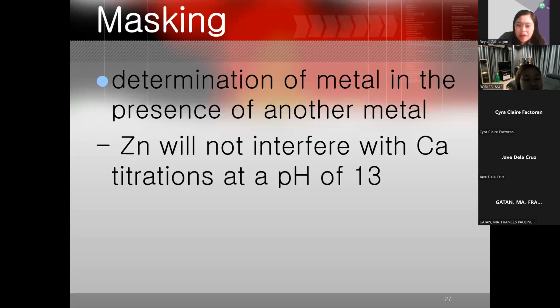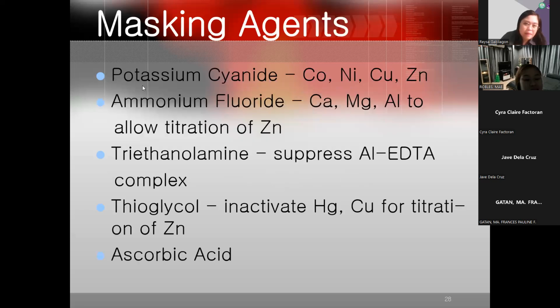But if the pH is not adjusted to 13, then zinc might interfere with calcium titration, leading to variations in the result. So we will not have accurate results sa pag-quantify sa calcium in a given sample.